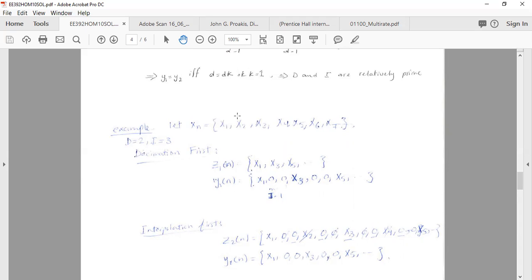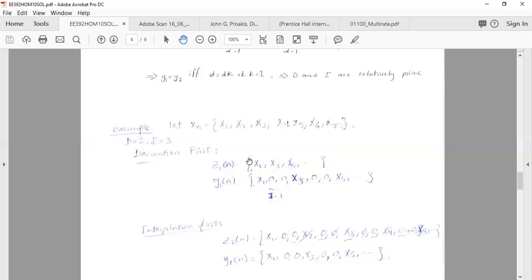We remove every second element. So we have x1, and we remove d minus 1 elements from the sequence. So we get x1, x3, x5, and so forth.